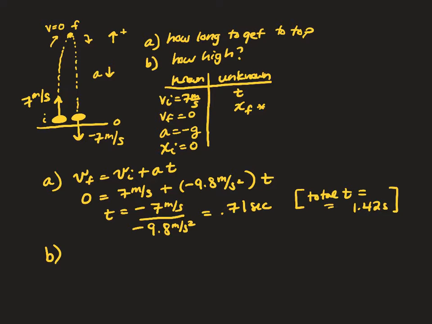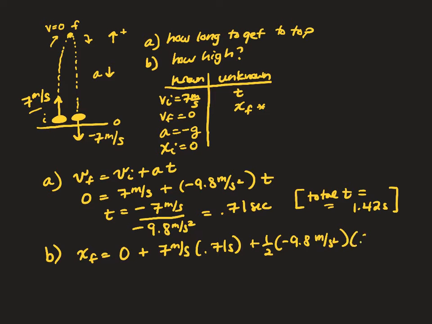Okay, let's do B. Now we want to get how high it goes, and that's where we're solving for x final. So x final is x initial plus v initial, which we know is positive 7 meters per second, times the time to get to the final position, which is 0.71 seconds, plus 1/2 times the acceleration times the time squared.